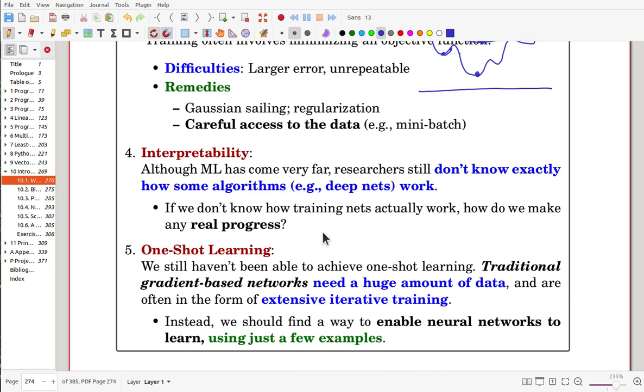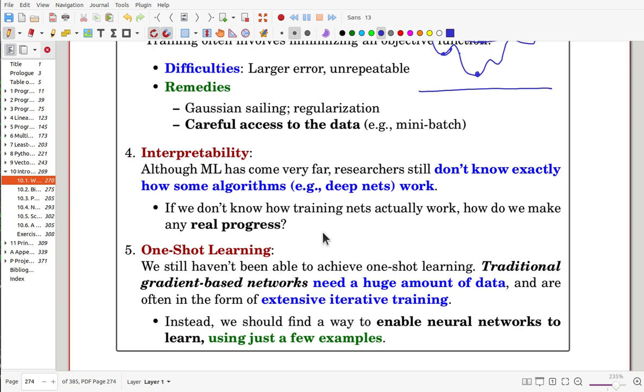Now, the fourth issue is interpretability. Although machine learning has come very far and is very successful in some application areas, researchers still don't know exactly how some algorithms work. One example is deep networks. If you don't know how it works, then how do we make any real progress?